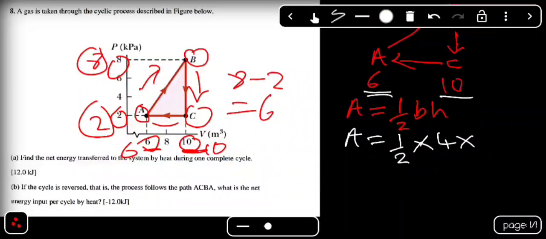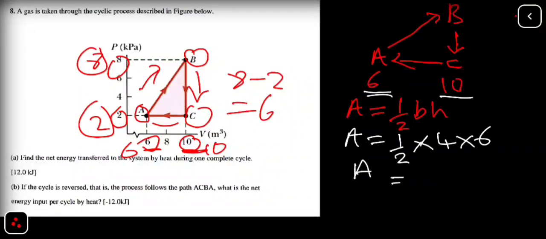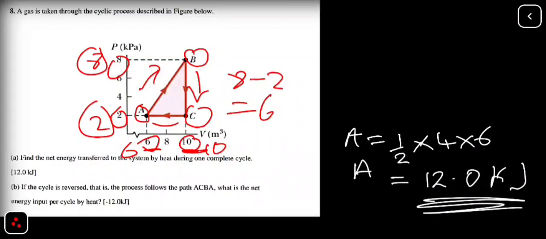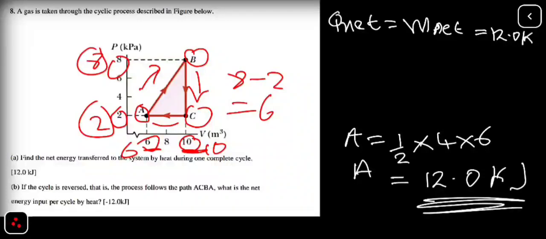Once you multiply, half of 4 times 6 gives 12.0 kilojoules. So Q net, which is the same as W net, is equal to 12.0 kilojoules. That's our answer.